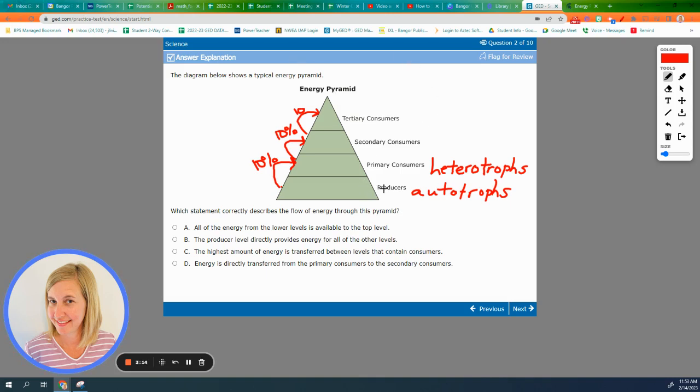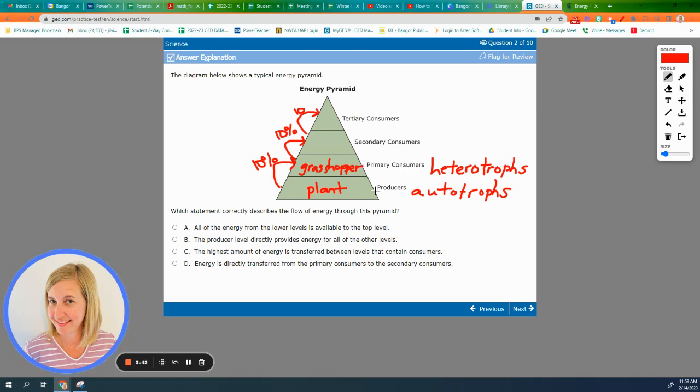So let's talk real quick about examples of what sorts of organisms are at each level. A producer, for example, might be a plant. So let's write, like, a grass. A primary consumer might be a grasshopper that eats the plants. And then a primary consumer gets eaten by a secondary consumer.